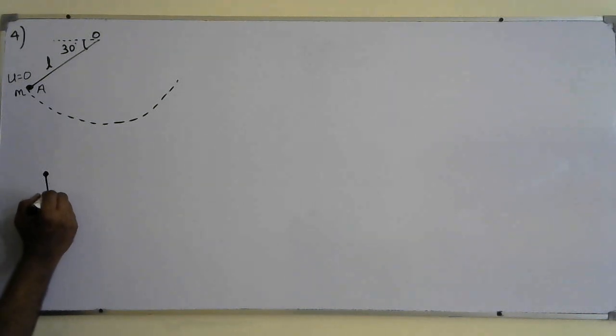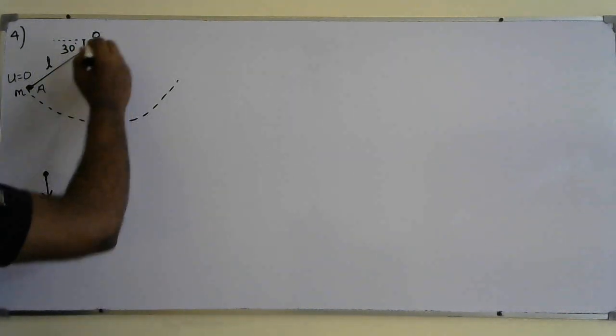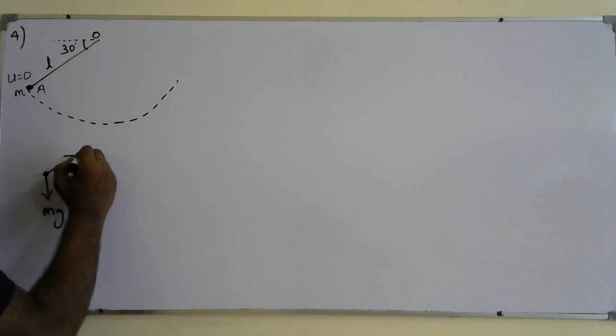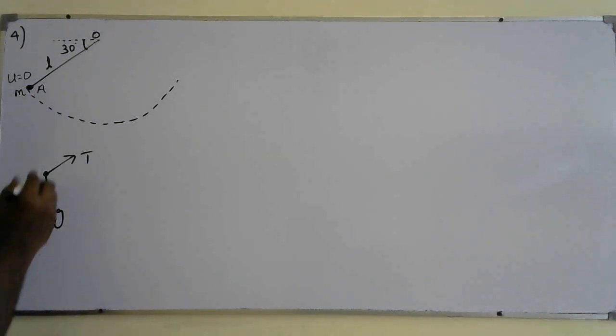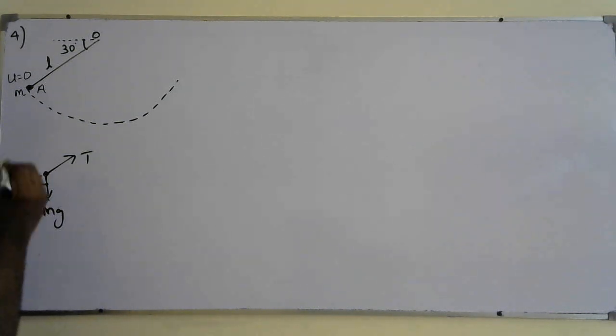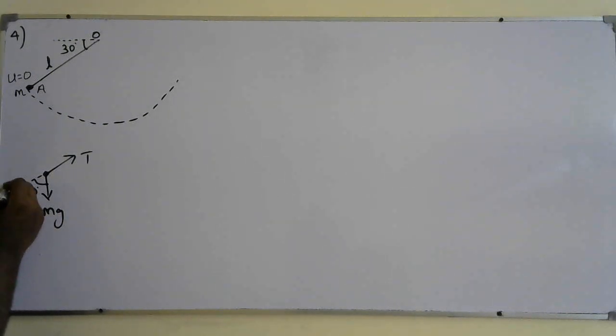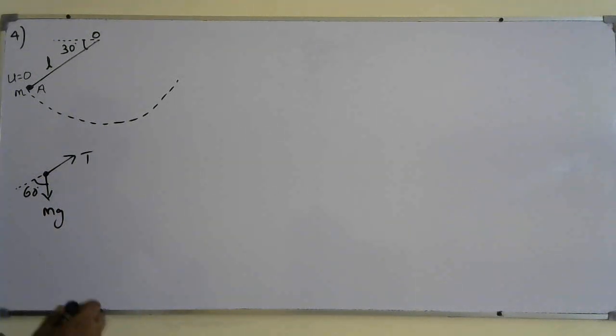The weight is acting downwards, mg. Then the tension will act towards O. The angle with horizontal makes 30 degree, means with vertical that's going to be 60 degree.